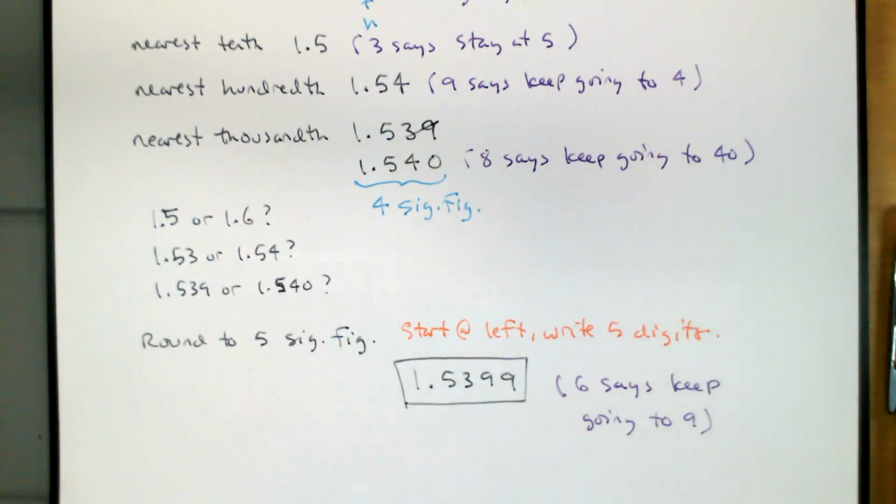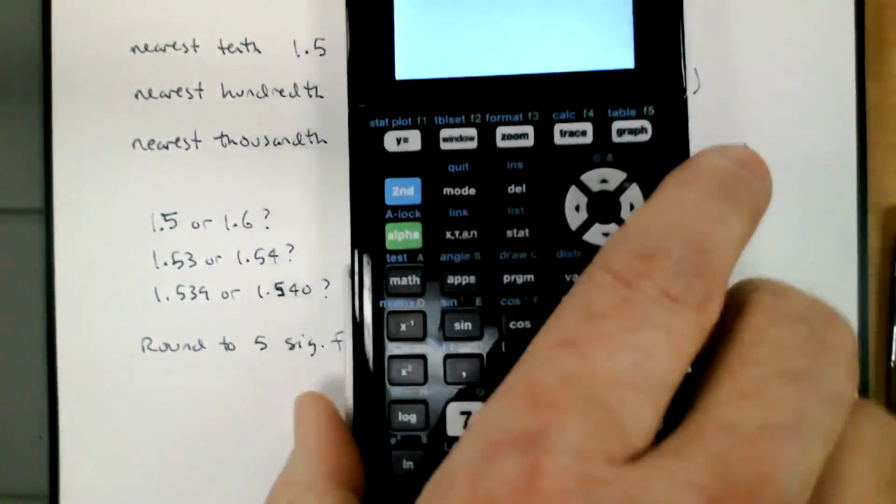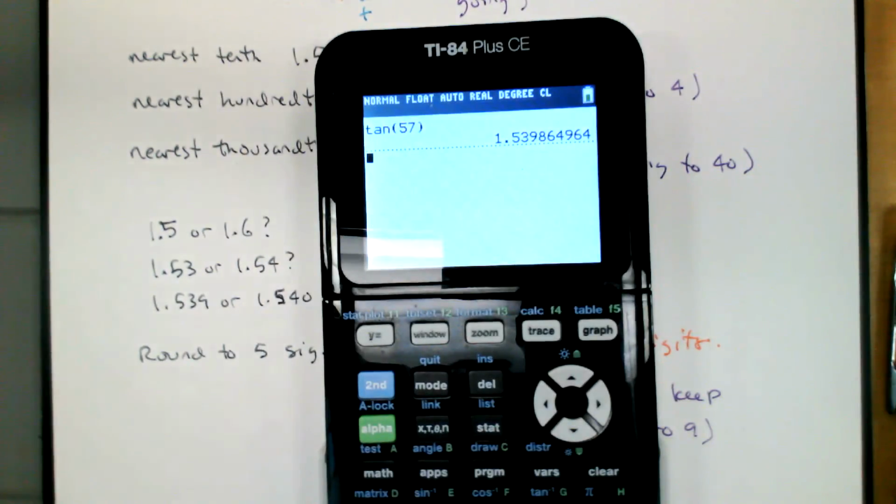Sometimes I ask for very strange things just to see your level of commitment. Find the tangent of 57, round it to the nearest 1. That doesn't make any sense at all to go from 2 digits to just 1 digit. But I want to see if your rounding skills are up to snuff. And you would round this to 2, to see if you'll take this 1.57 barely past halfway and be willing to say, the spec says nearest 1 is 2.